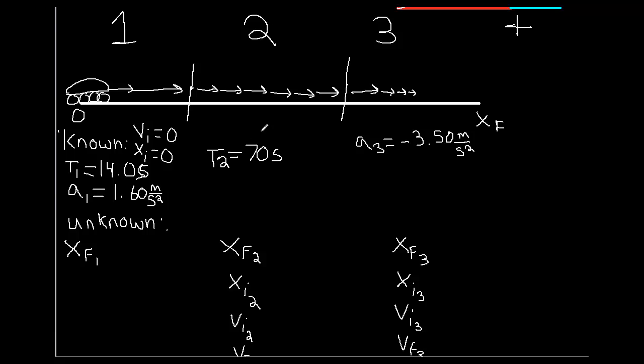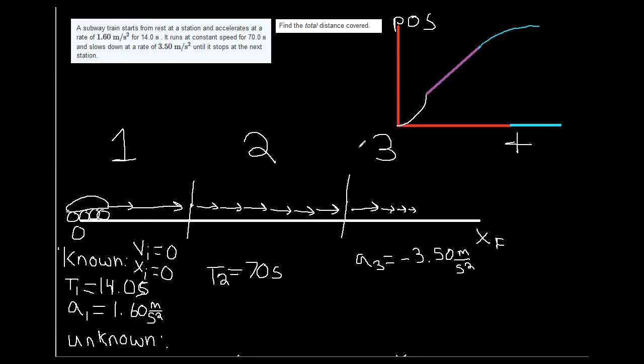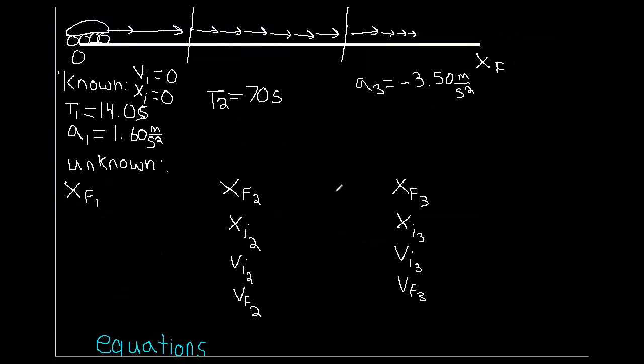In stage 2, all we know is the time is 70 seconds. However, we can figure out the rest based on our information from stage 1. And in stage 3, we have acceleration was negative 3.50 meters per second squared. Now the question gives us acceleration as a positive number, but we have to remember it slows down, so it must be negative. Now moving forward, we have a bunch of unknowns, but those will clear up as we go.